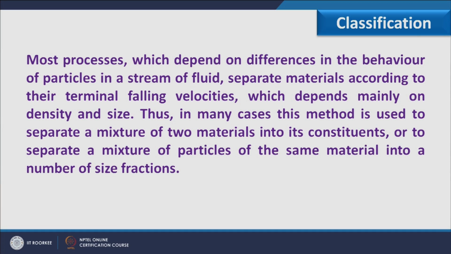Thus, in many cases this method is used to separate a mixture of two materials into its constituents or to separate a mixture of particles of the same material into a number of size fractions.